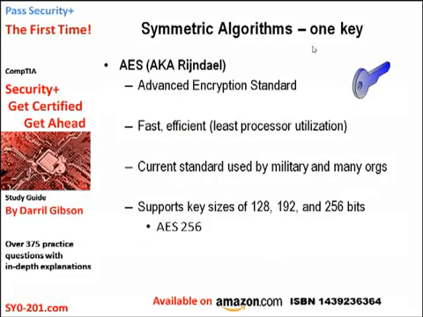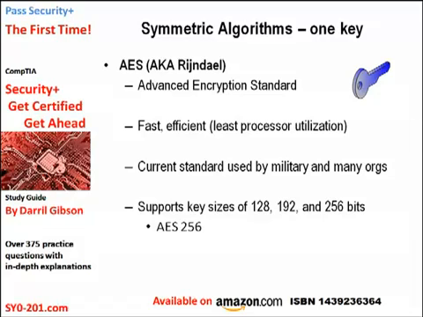The primary symmetric algorithm that we use today is known as AES, Advanced Encryption Standard. It's also known as Rijndael. It actually came from what was known as Rijndael, but it's now known as AES. You'll see it used all sorts of places. Very fast, very efficient.